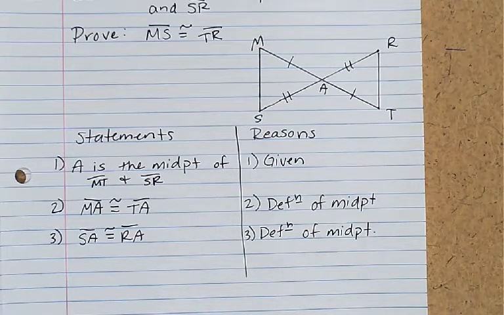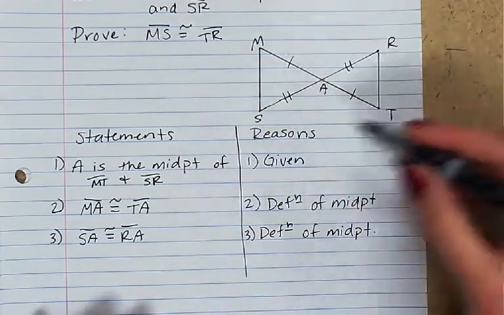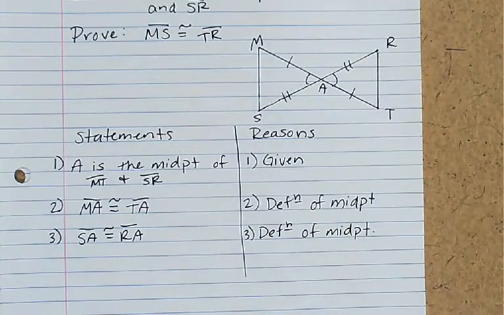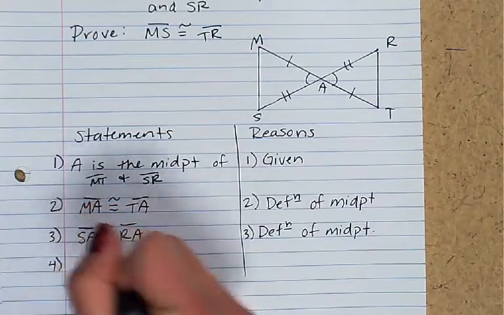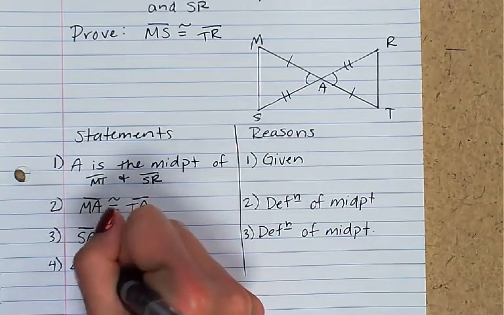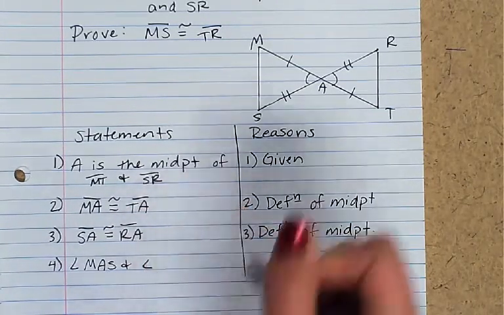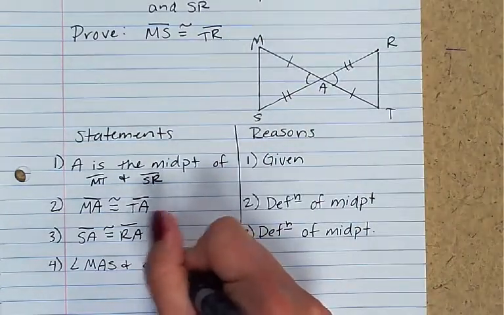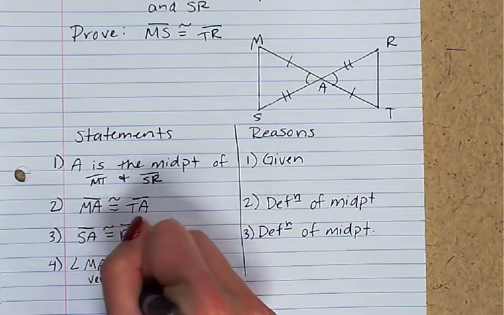Based on the way the triangles are drawn, what do we have? A couple of videos ago, I gave you all the things that you should look for. When the triangles look like this, when we have 2 straight lines, we actually have vertical angles there, and we know that vertical angles have to be the same. So I would say that angle MAS and angle TAR, going across the 1 tick line, are vertical angles.